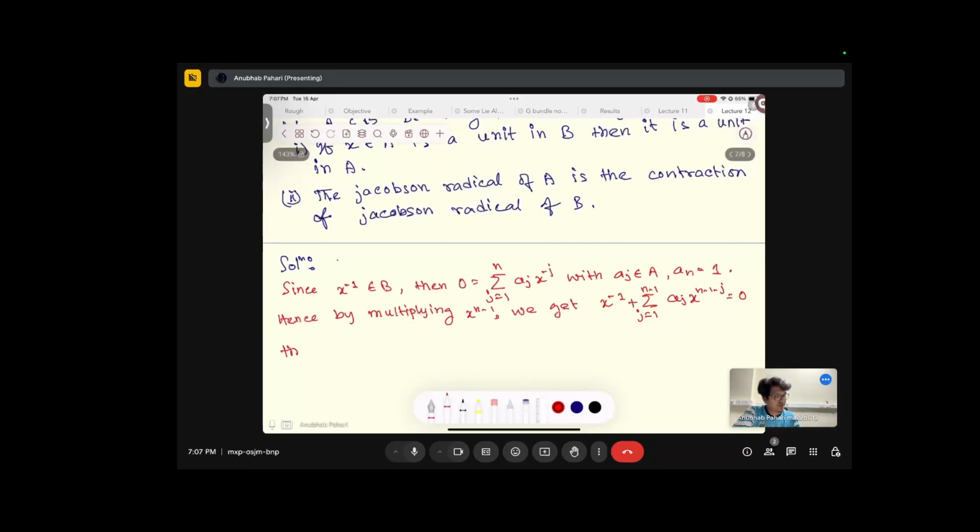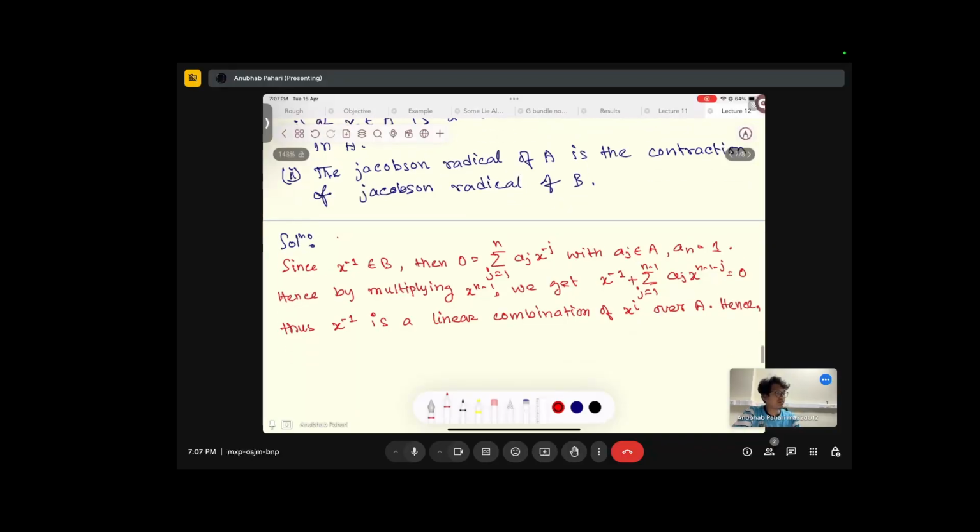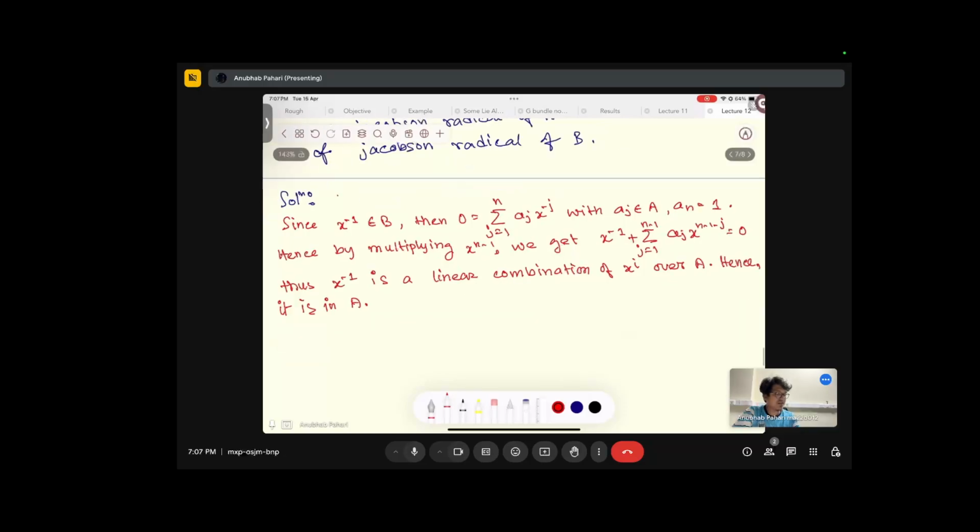Thus, x inverse is a linear combination of xi over A. Hence, it is in A.